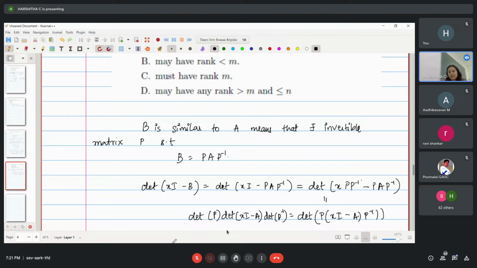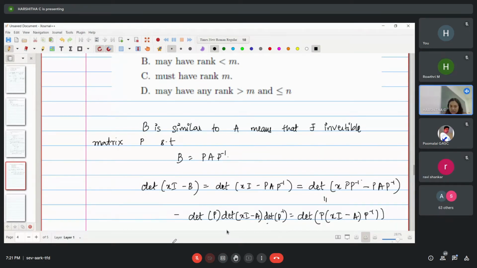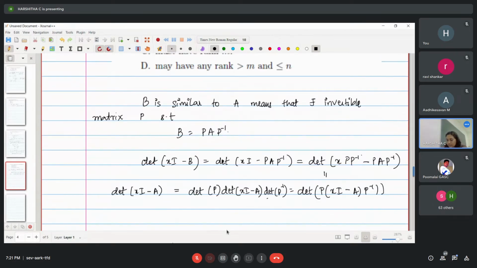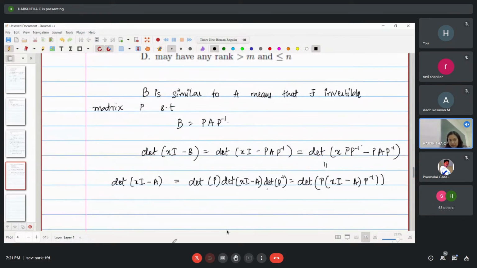And these determinants are nothing but scalars, numbers in the field. Also, determinant of P inverse is 1 by determinant of P. So that gives that this is equal to determinant of xI minus A. So here we have used the fact that determinant of P inverse is equal to 1 by determinant of P. So similar matrices have the same characteristic polynomial.